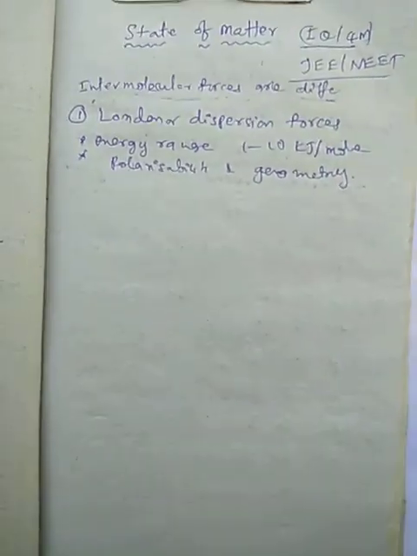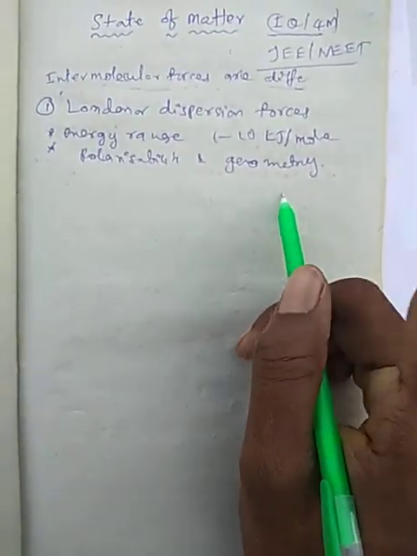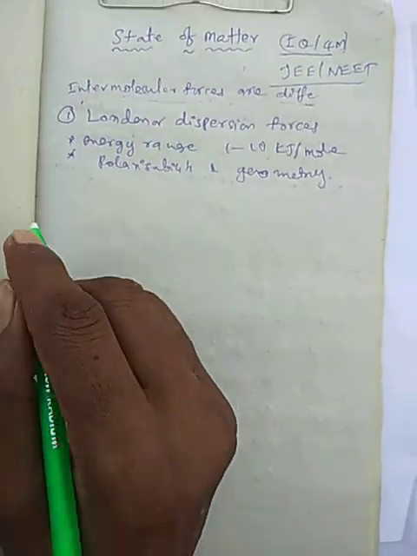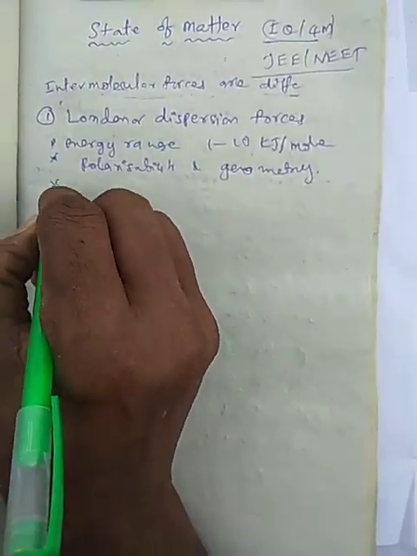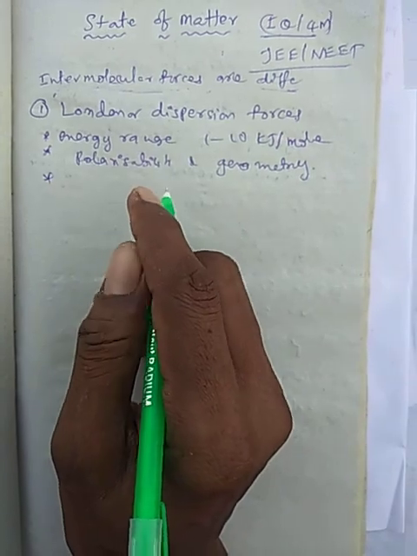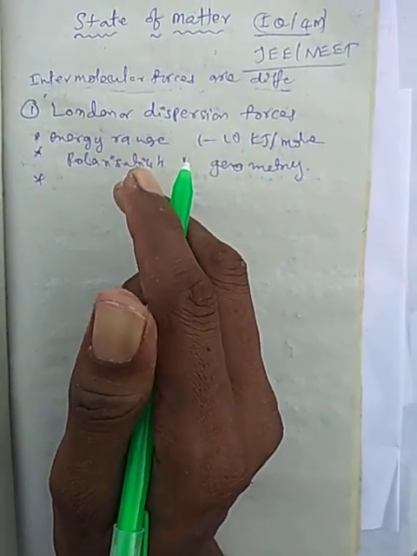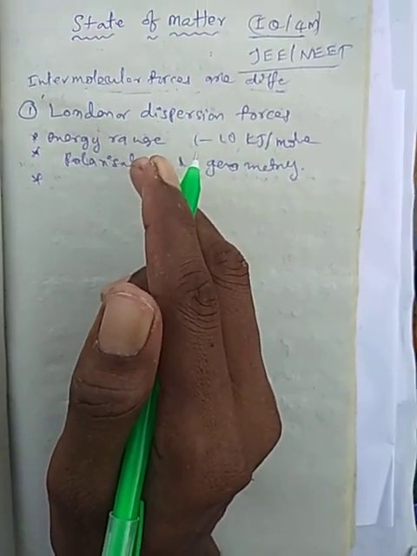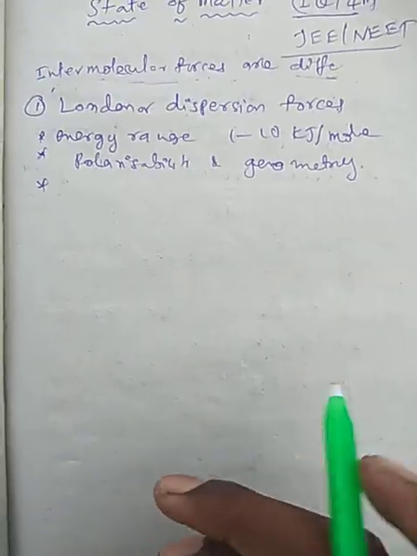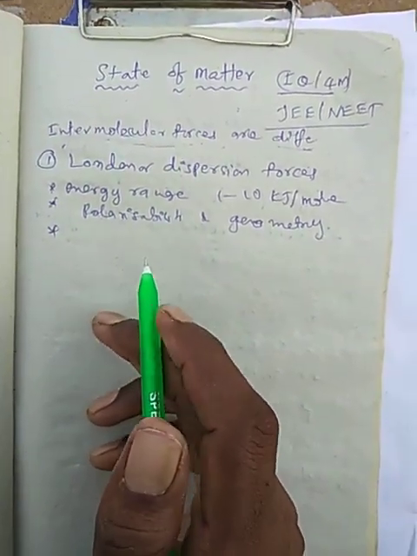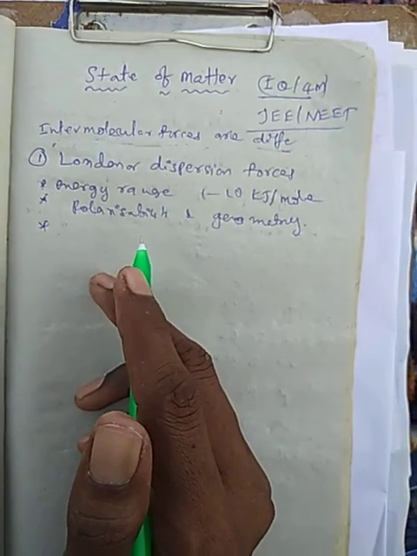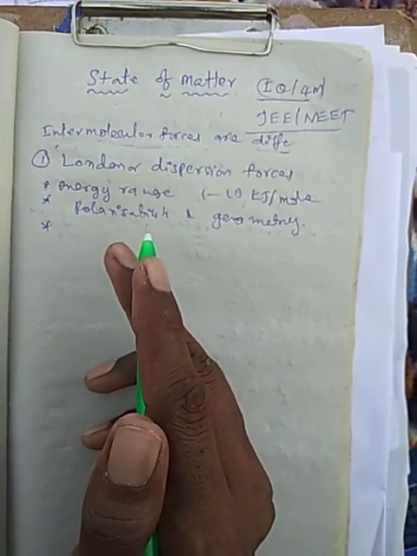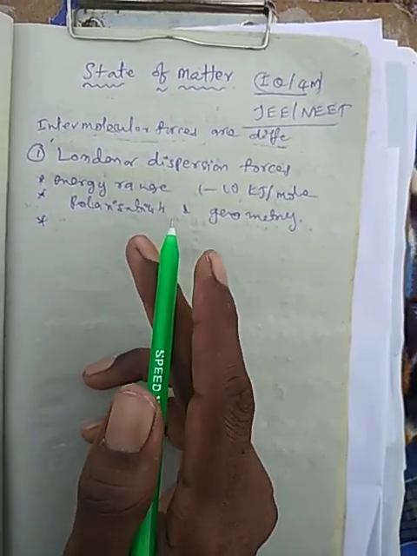Small molecules or atoms are less polarized and have a small dispersive force. The large, heavier molecules are more polarizable and have a large dispersive force.